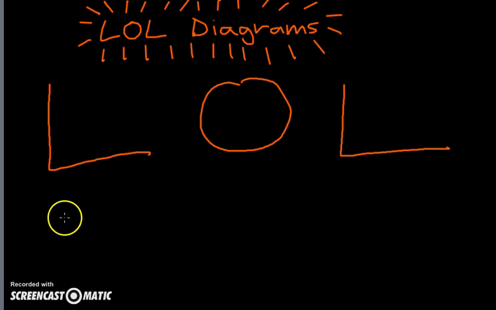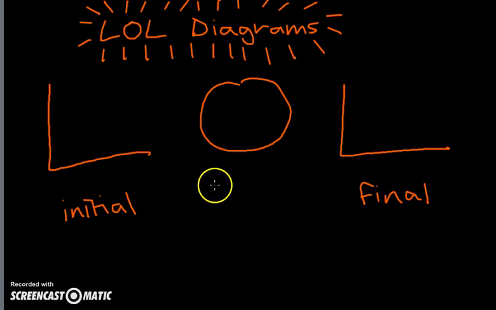The first L is going to represent the initial energy distribution of your system. The second L is going to represent the final energy distribution of your system. And the O is going to include whatever system you're using. I'll show you an example once we go back.